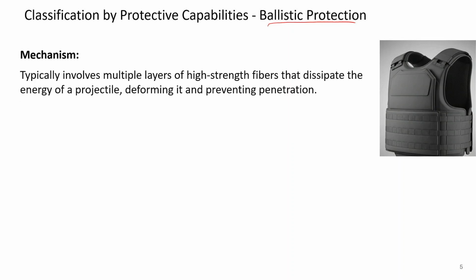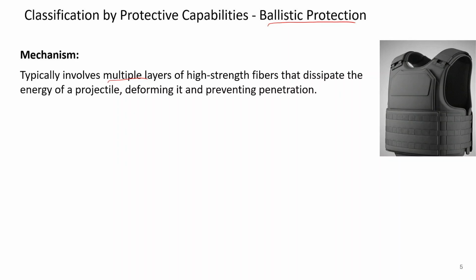Here, the mechanisms of all these types of threats are different. So, we must understand the mechanisms of all these types of threats, how they actually damage. In ballistic protection, the typical mechanism involves multiple layers, because the velocity of the projectile is very high.